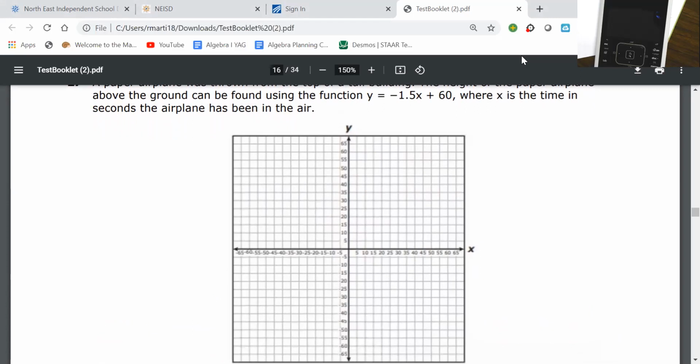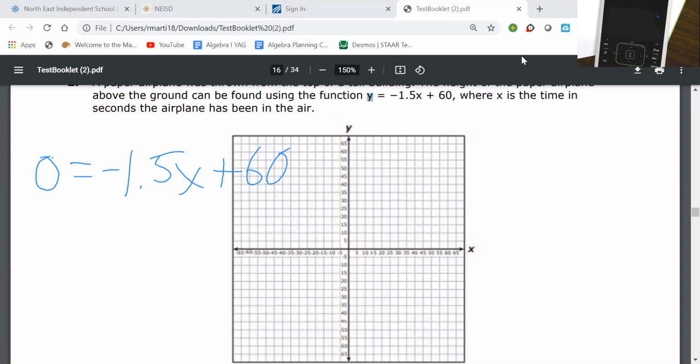Anyone? 0, right? It's 0. What does y indicate right here? It indicates the height. So really, if you can understand that your new equation is 0 is equal to -1.5x plus 60, then you got it.